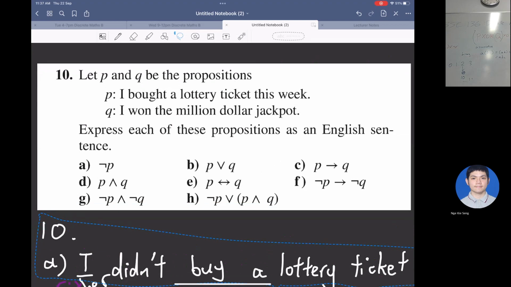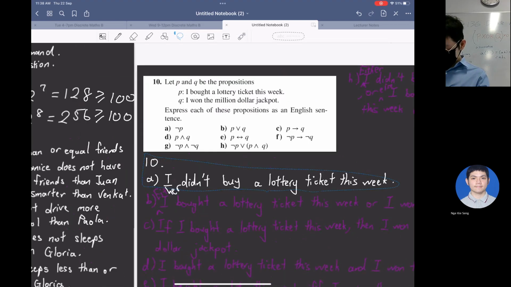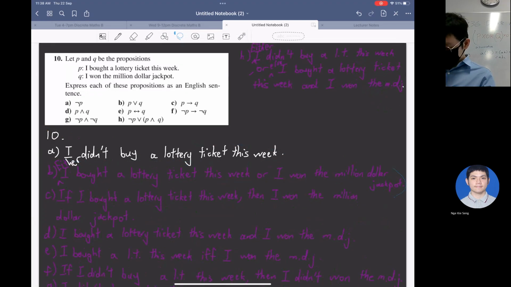What is P or Q? Okay. So either I bought a lottery ticket this week or I won the million jackpot.